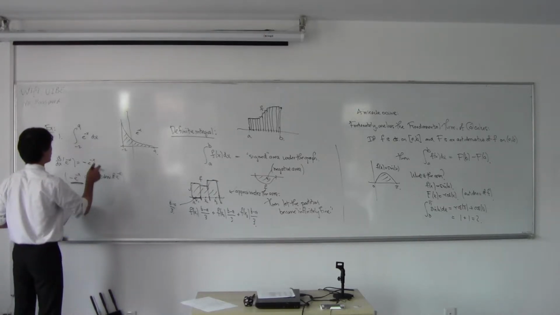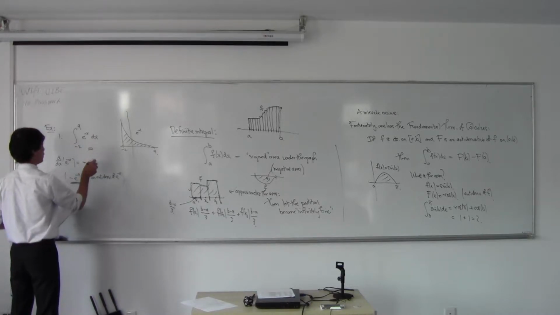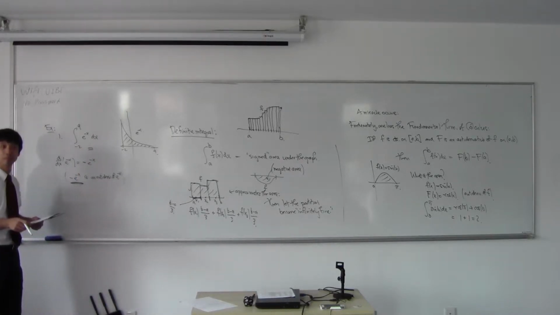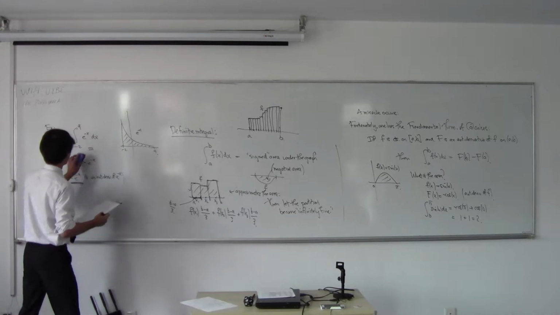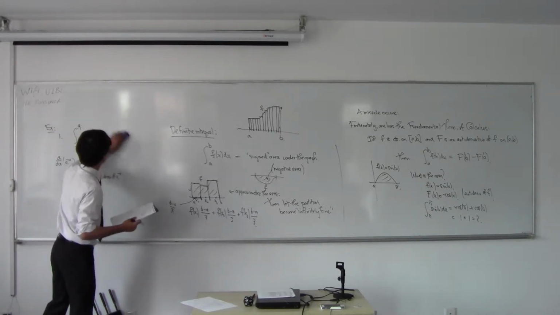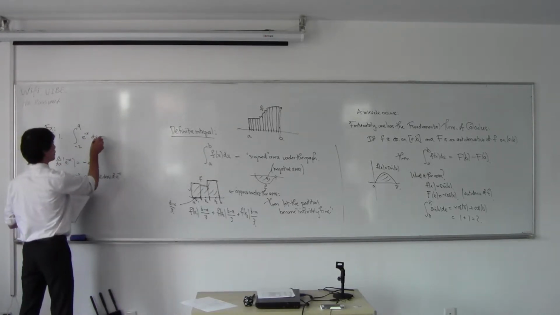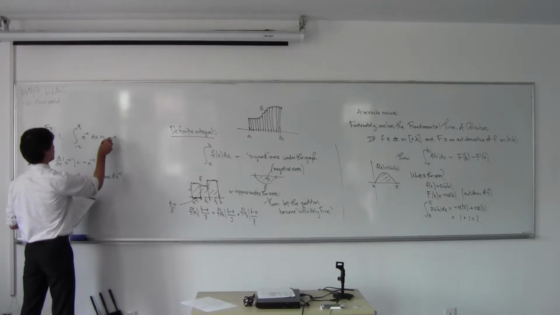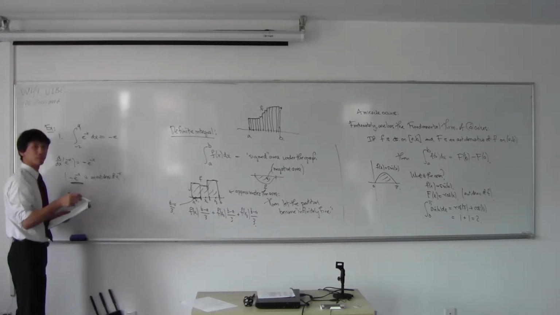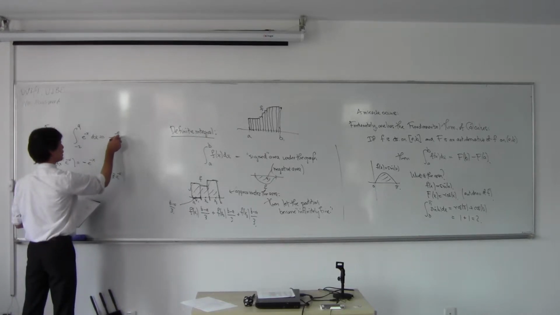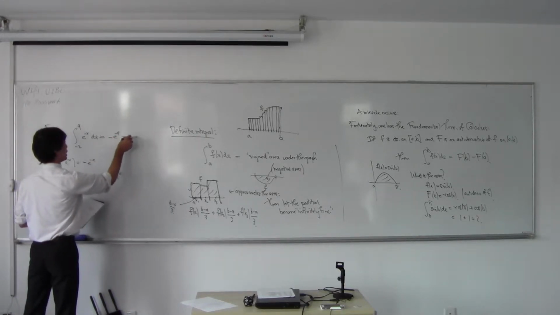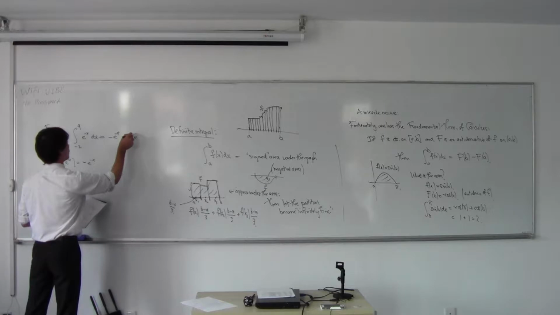So what's the answer? It would be negative e to the negative 9 minus negative e to the negative 2.